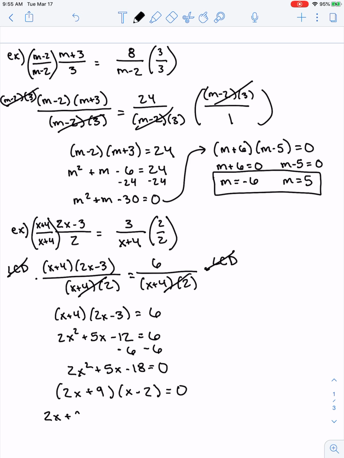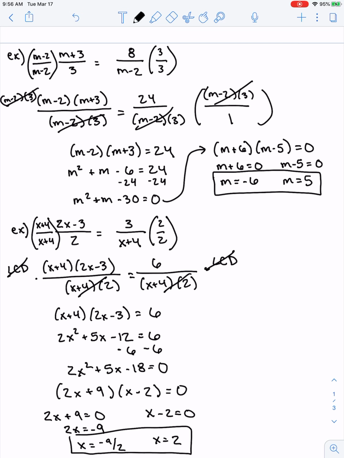So if I set both of these equal to 0, I can solve this equation. And it looks like I get x equals negative 9 halves for one, and x equals a positive 2 for the other.